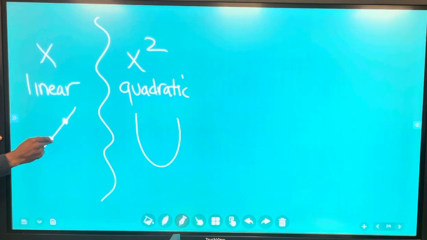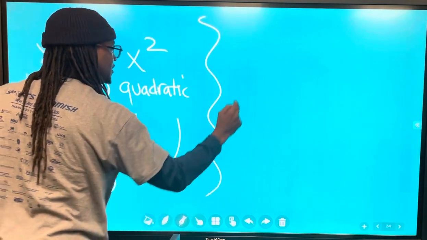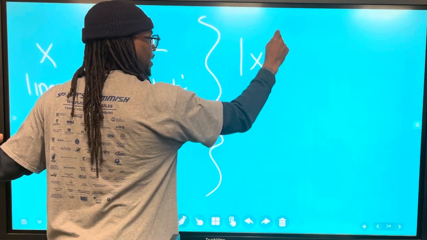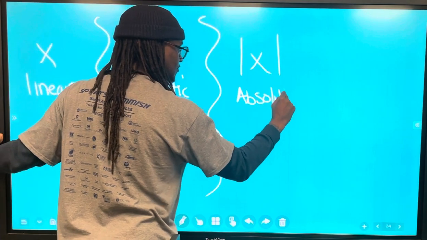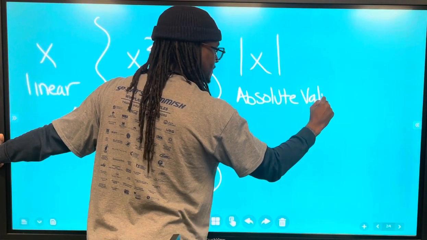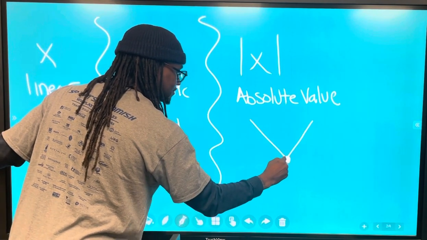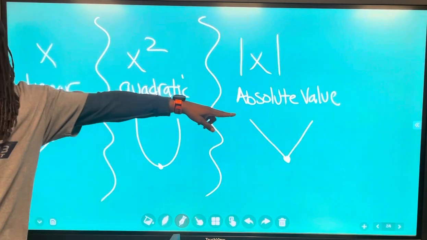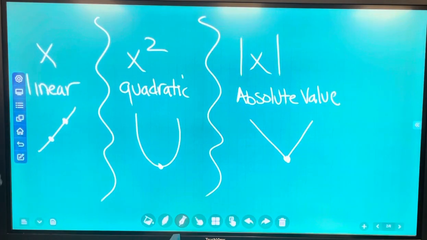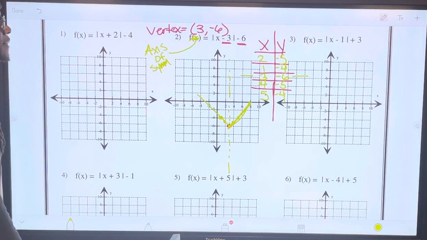What we're dealing with today is absolute value, making your graphs look like this. Those are the 3 steps that we just went through. But today, we're on absolute value. So, to show you one more before we get y'all your own sheet to start.